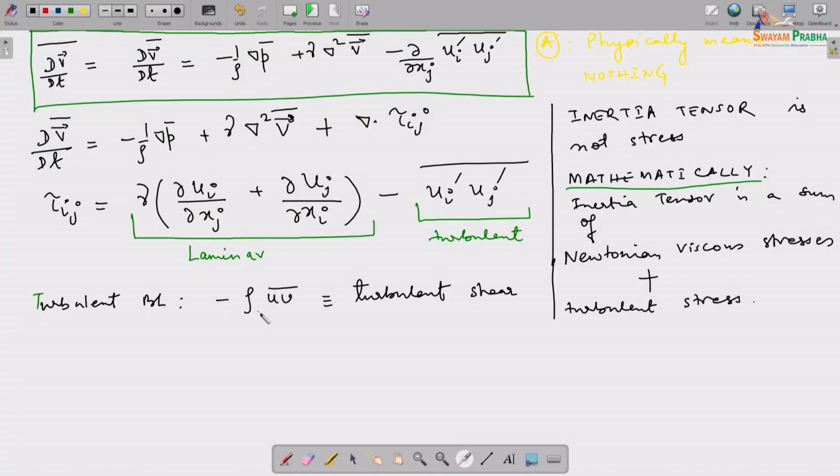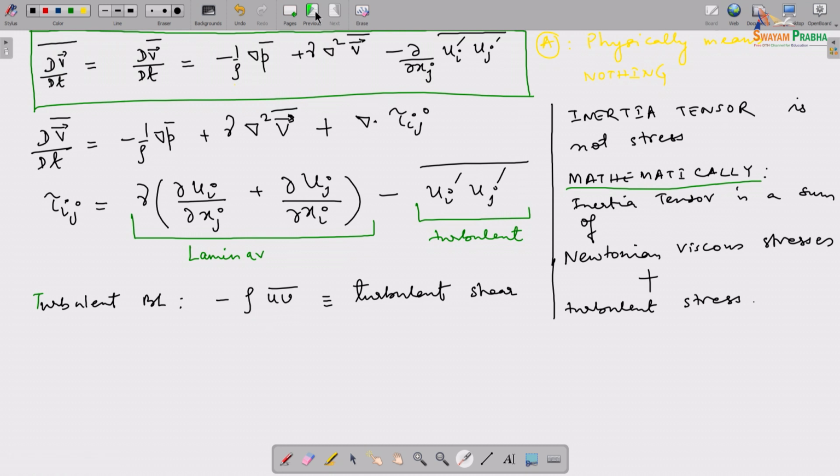So, also in turbulent boundary layers, this term is actually termed as a turbulent shear, right. So, that's all I have to say about the Navier-Stokes equation when we use it for a turbulent flow.